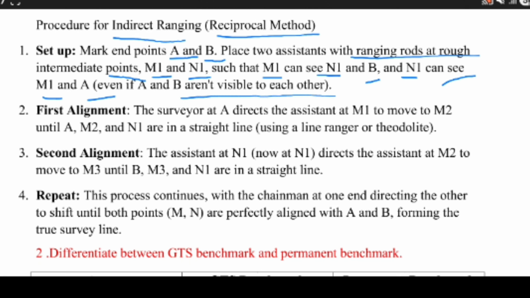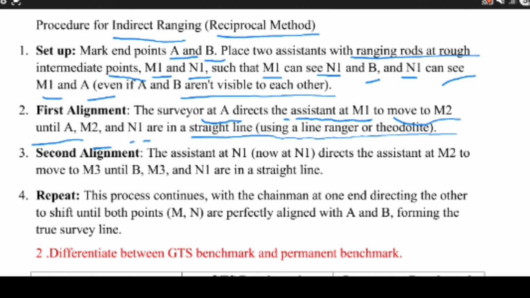The first alignment: the surveyor at point A directs M1 to move to M2 until A is visible. In the same way, M2 and N1 are in the same straight line, using a ranger or theodolite.